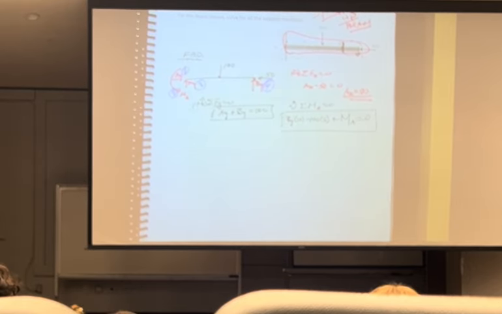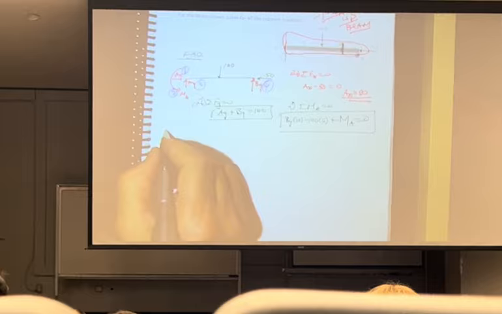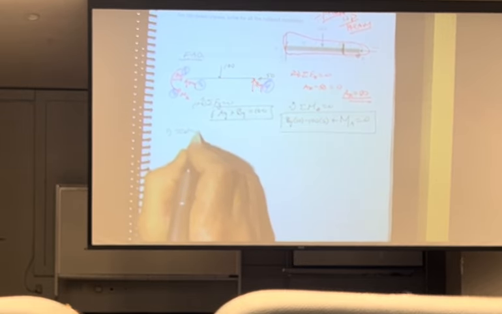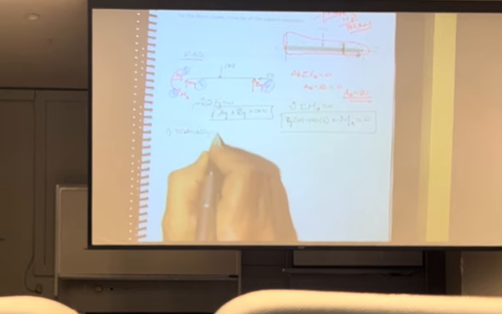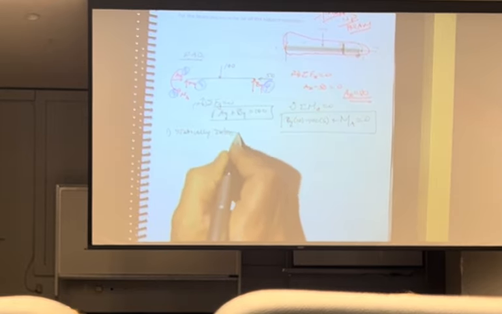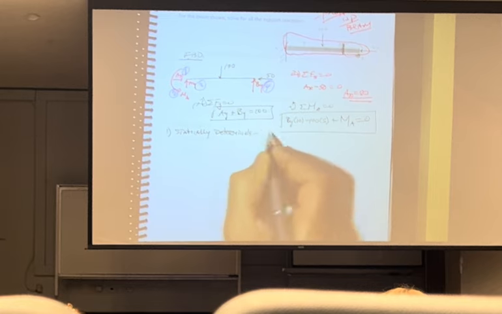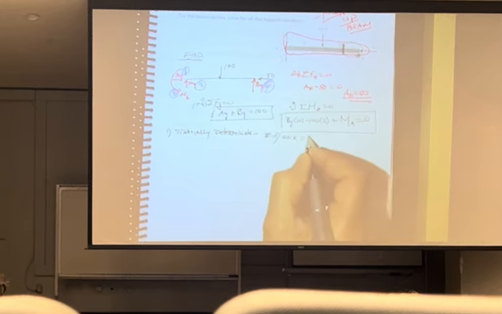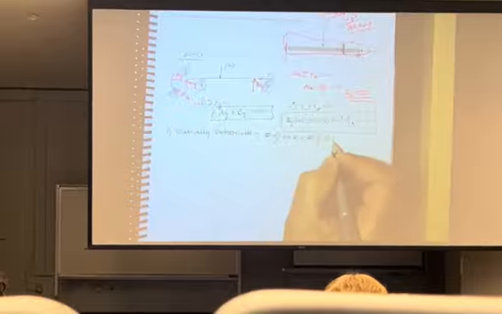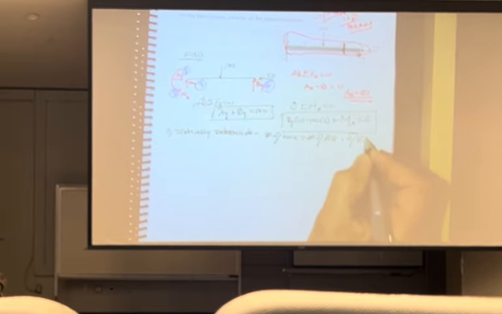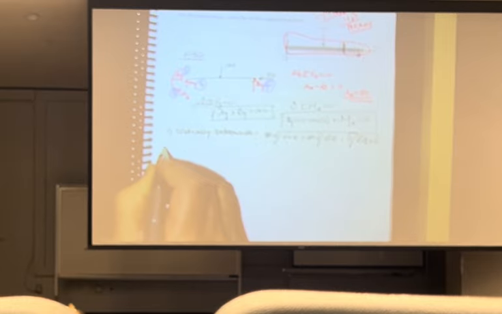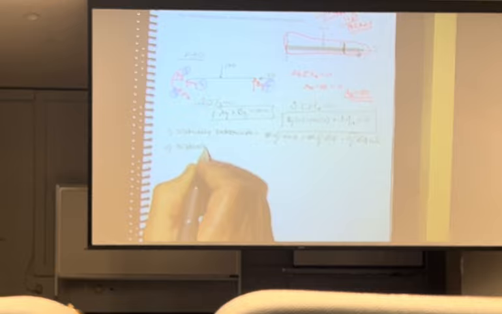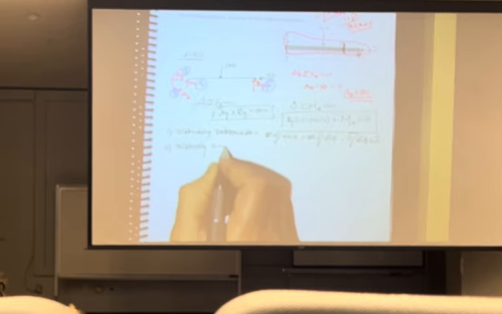So here come 4 definitions for you. 1, statically determinate. That's all the problems we do in this class. Number of unknowns equals number of equations of equilibrium. 2, statically indeterminate.